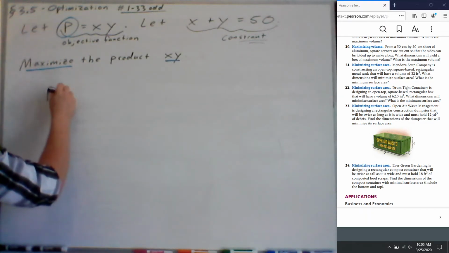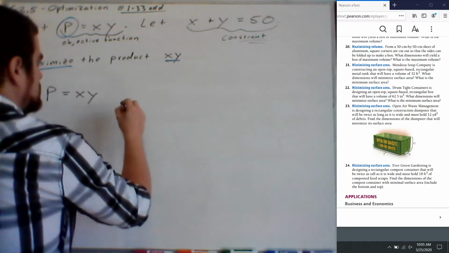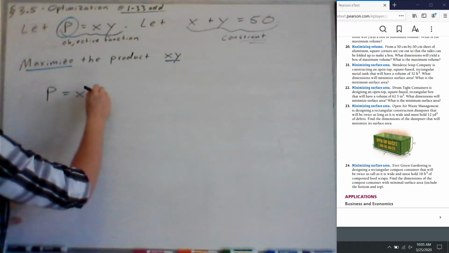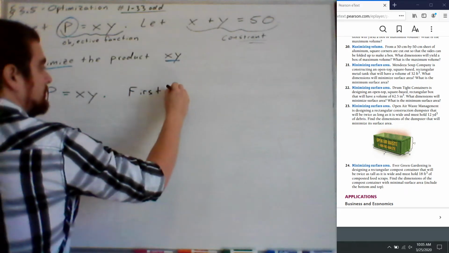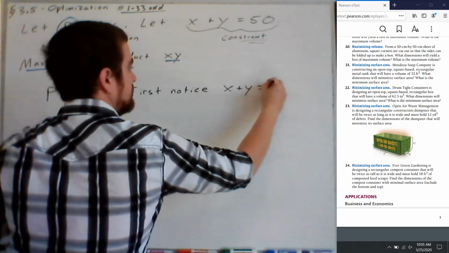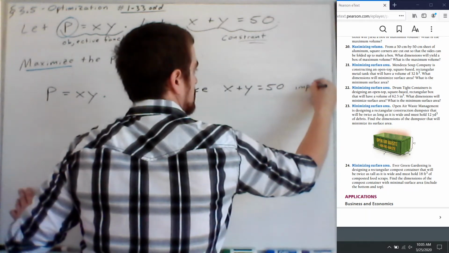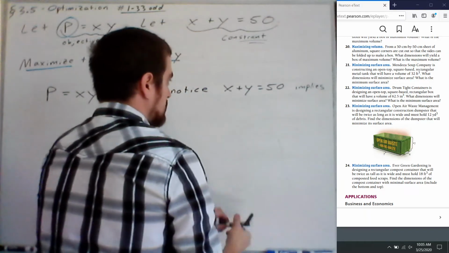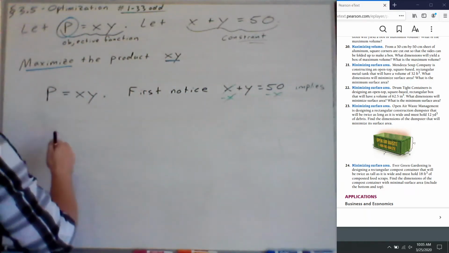Now, P is not a function of X. It's a function of X and Y. So first, what we need to do is hold off on this and notice that X plus Y equals 50 implies Y is 50 minus X.